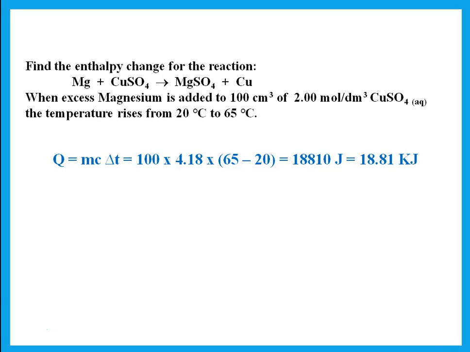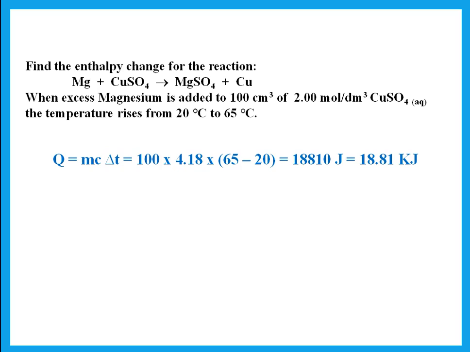Now we're trying to get delta H. That means we need to start by calculating Q. We said Q is mc delta T. What is M? M is the mass of the solution. He's using 100 centimeter cubed of solution. That means he has 100 grams. C is 4.18. Delta T is the difference in temperature. The result that comes out from this equation is in joules.